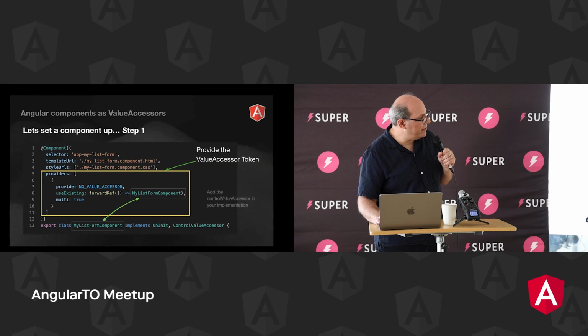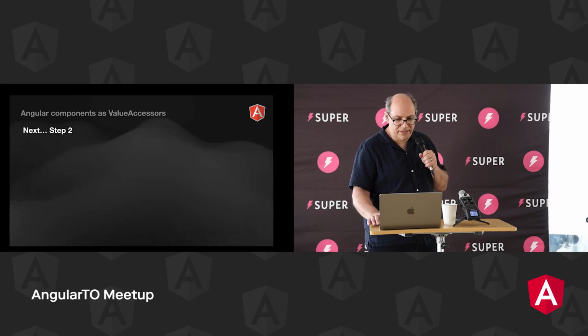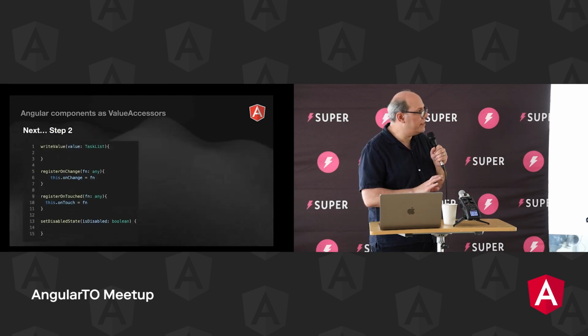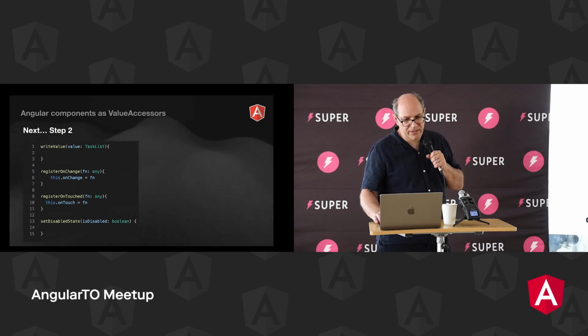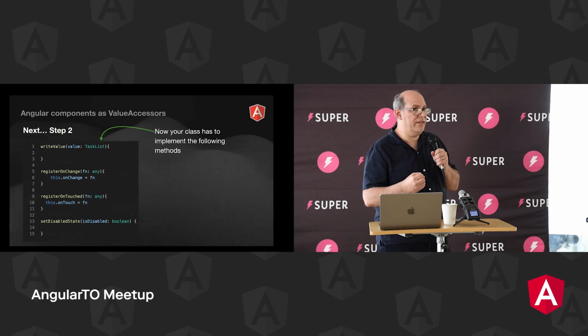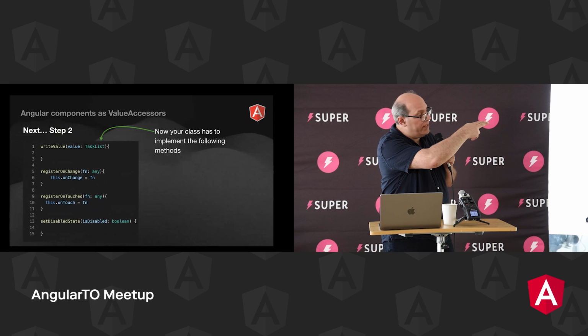Now once we've done that, then we just simply add the control value accessor implementation. When we do that, Angular is going to yell at you and say you must incorporate these methods, right? So what are these methods? Well, the first one here is the write value. This is where I was saying any data that gets patched through the control gets put into here.